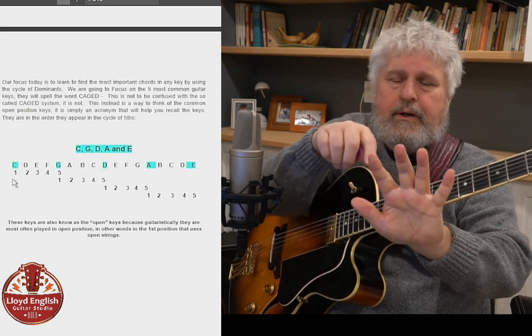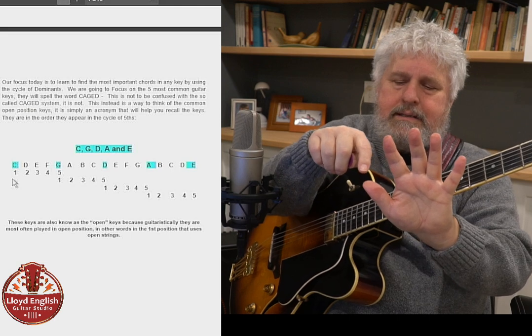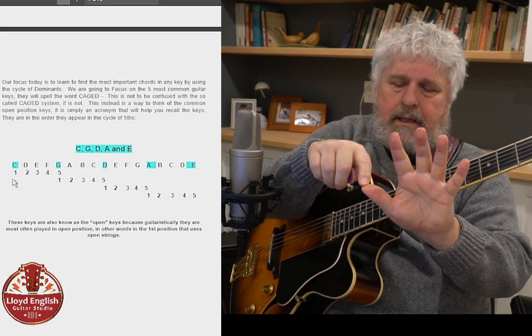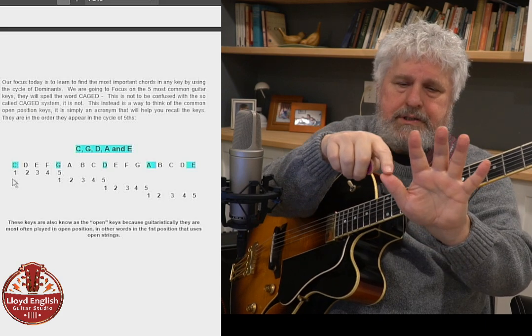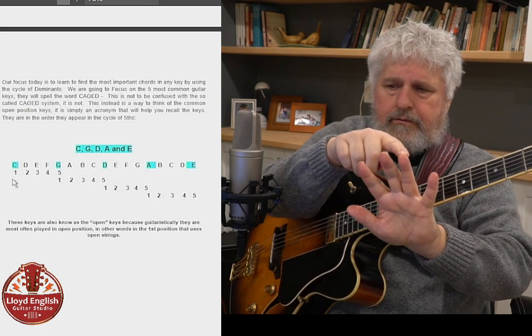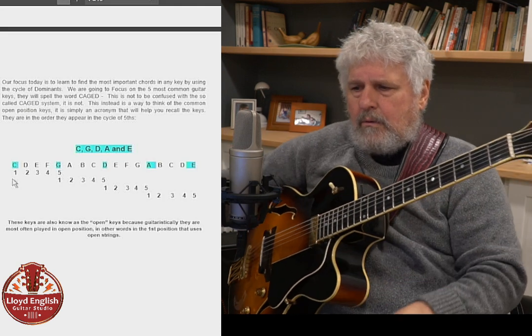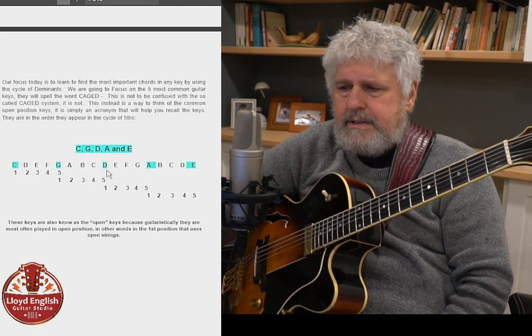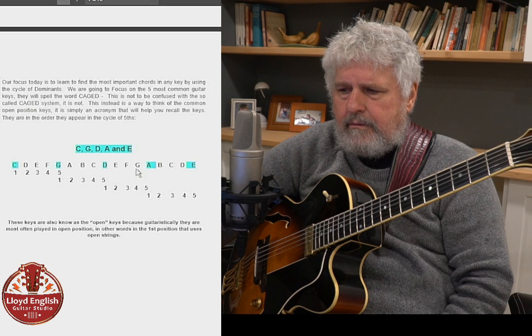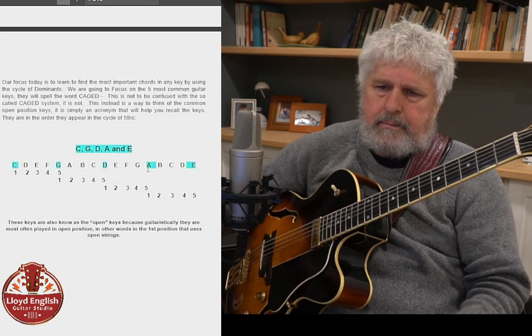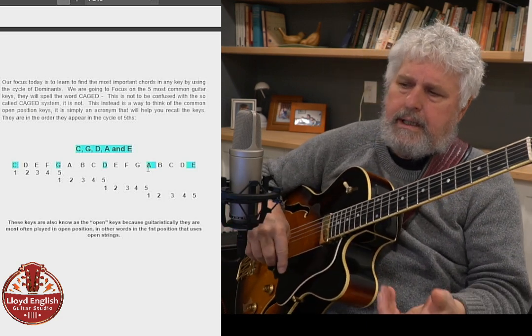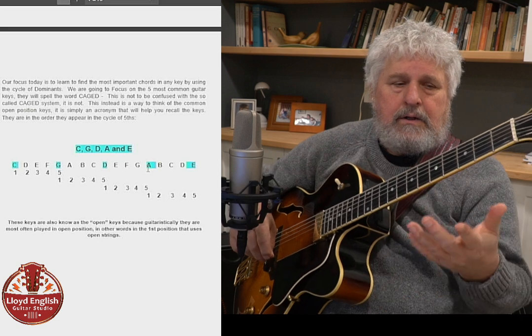We got 5 fingers. Key of D. D is our root, right? Our thumb is a good root. D, E, F, G, right? D, E, F, G. We're just counting through the musical alphabet. Or as I have it here, D, E, F, G is the 4 chord. D, E, F, G, A would be the 5 chord and the beginning of the next key.